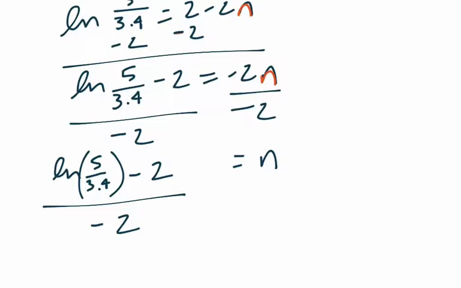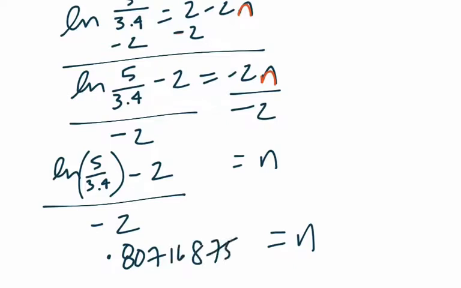So be careful, when you press the ln button, it's going to open a parentheses, so you want to close the parentheses. Then you want to subtract 2, then you want to go to the denominator, and then you also want to divide by negative 2. So in this case, I'm getting 0.80716875996.